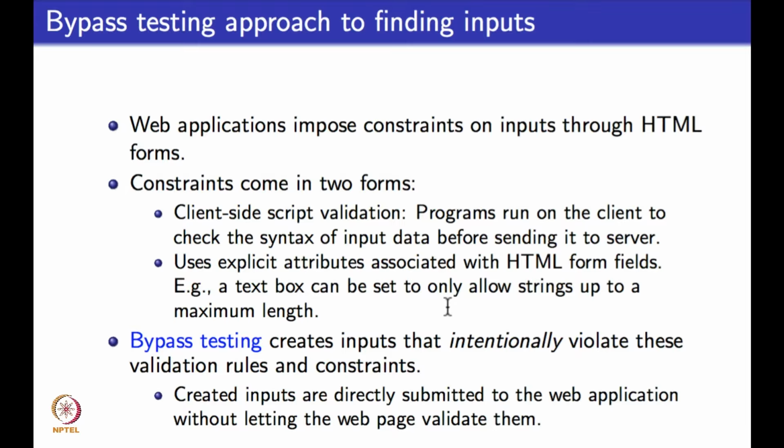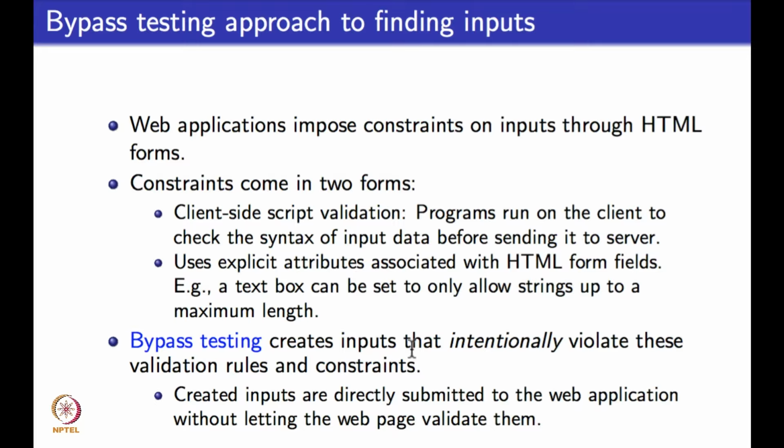Similarly, another kind of constraint could be explicit attributes that are associated with HTML form fields. Like for example, if you're entering age, then you can't enter a 5-digit number because there's going to be nobody who's that old who's currently living. So there could be constraints validated by running scripts on the client, or constraints set by explicit attributes on the HTML form fields. We'll see examples of both these kinds of constraints. What does bypass testing do? Bypass testing creates inputs that intentionally violate all these constraints.